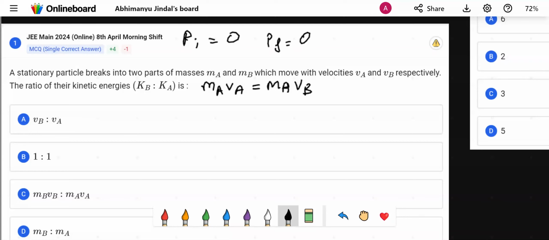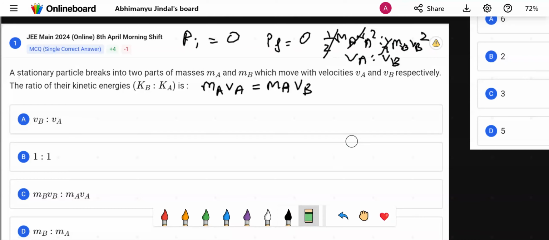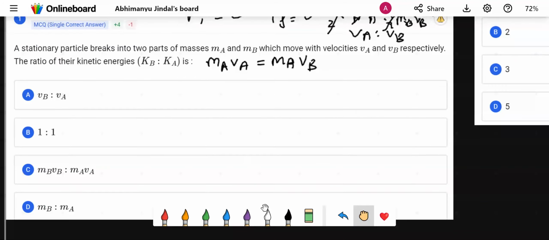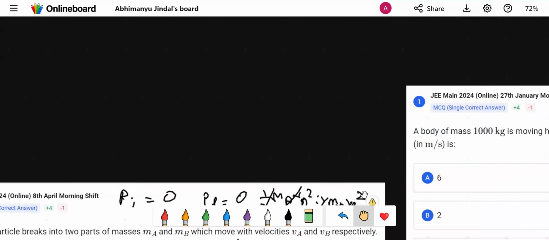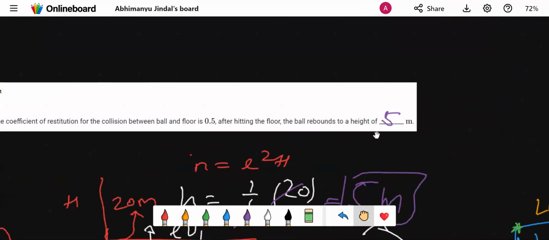Now the ratio of the kinetic energies is half ma va square to half mb vb square. Since ma va equals mb vb, the halves get cut, and it becomes va is to vb, where basically vb is to va because it's kb to ka. So the answer is this. And for this one, the answer is 5.